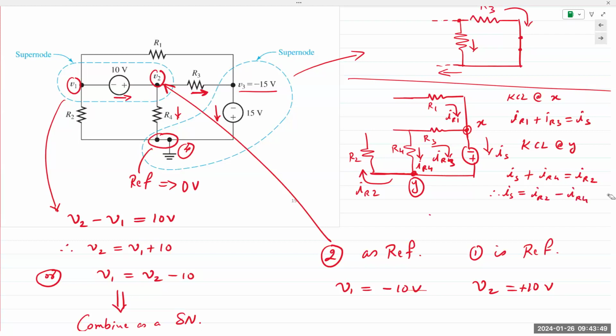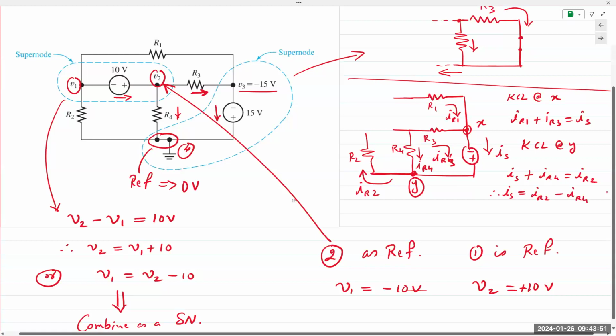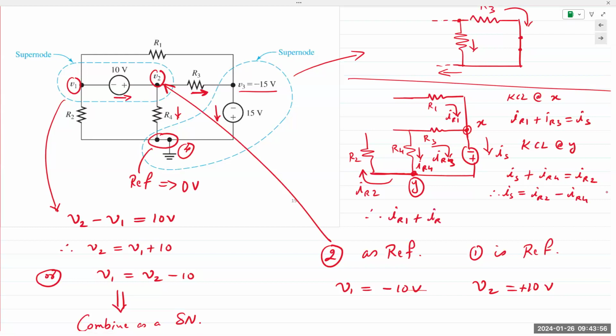Therefore, I can write from both equations that IR1 plus IR3 equals IR2 minus IR4, which is the equation you would get when you apply a supernode.